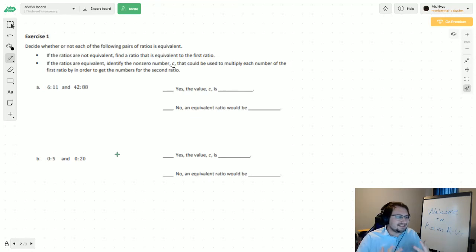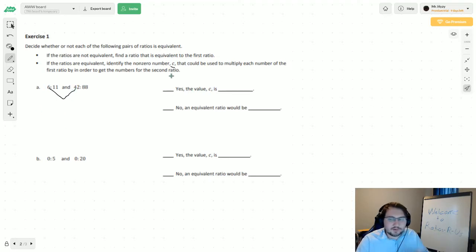So, let's get into this. Let's start off with part A. Part A is 6 to 11 and 42 to 88. So we're going to take 6, and what do we need to multiply it by to get 42?